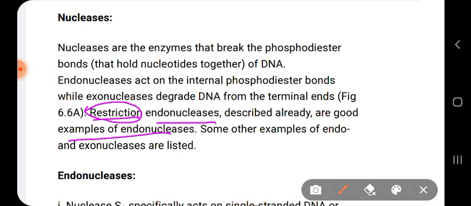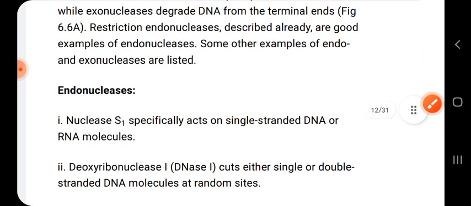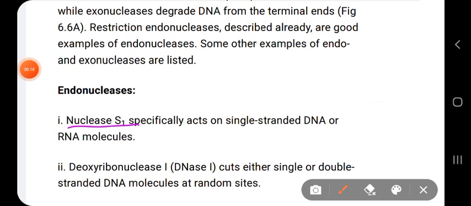Now there are also some other examples of endonuclease as well, like nuclease S1 and deoxyribonuclease 1. Nuclease S1 specifically acts on single stranded DNA or on RNA molecules, because RNA is single stranded. So nuclease S1 can well act on RNA molecules.